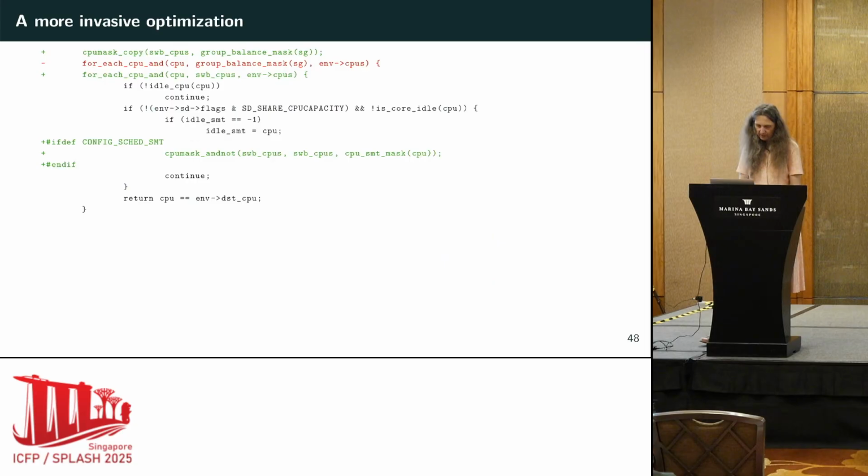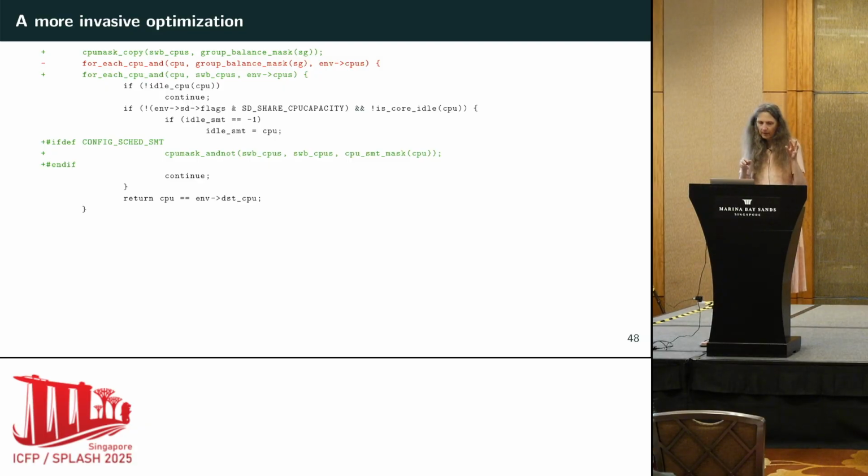And then we came to this one. In this case, we realized that we have this idea of hyperthreads, and we have this inner loop where we want to check to see if all the hyperthreads are idle. And hyperthreads are in an equivalence class.